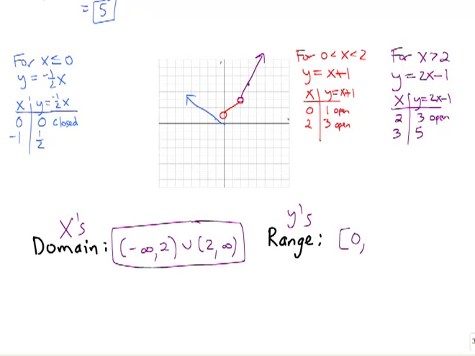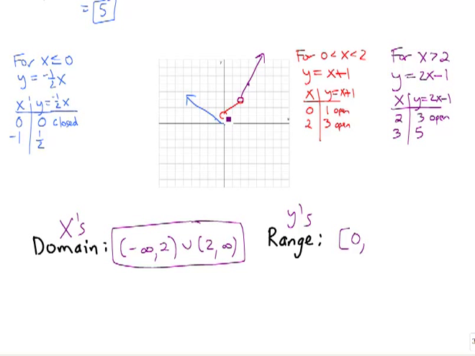Now think about the highest y value that got used. On this blue graph, I go from 0 and keep going up, up, up, so all these positive y values are going to get hit. It looks like there might be a little jump right here between 0 and this first little red open circle, but all these blue points on this blue line use those y values.